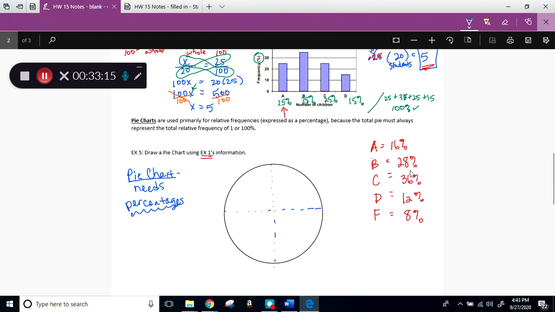Well, 28% is actually a little more than a quarter of it. Wouldn't a quarter of this whole thing be 25%? So a little more than that would make this the 28%, which is B.